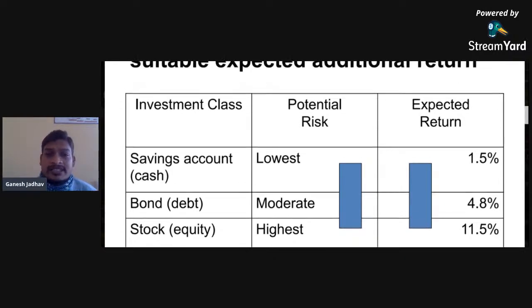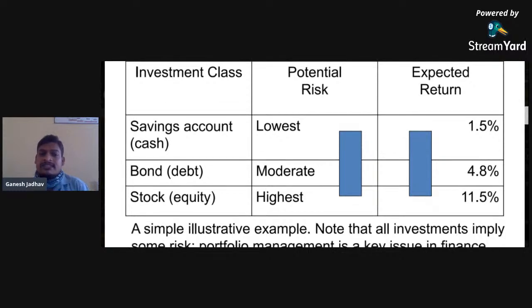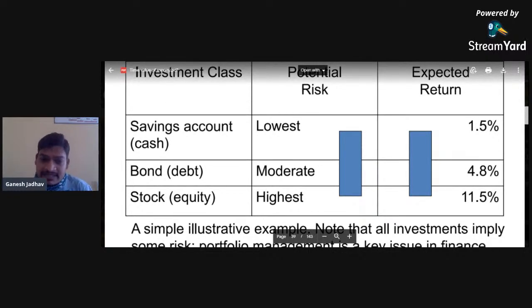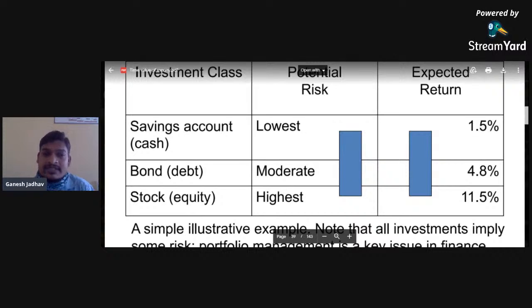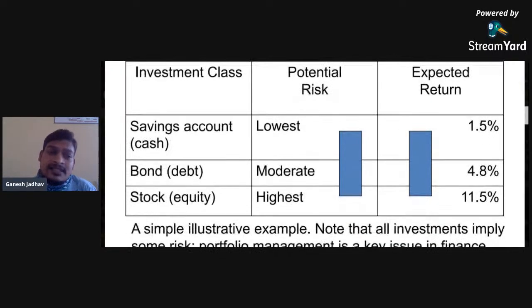So what is your potential risk? There are three types of risk: lowest, moderate, and highest.